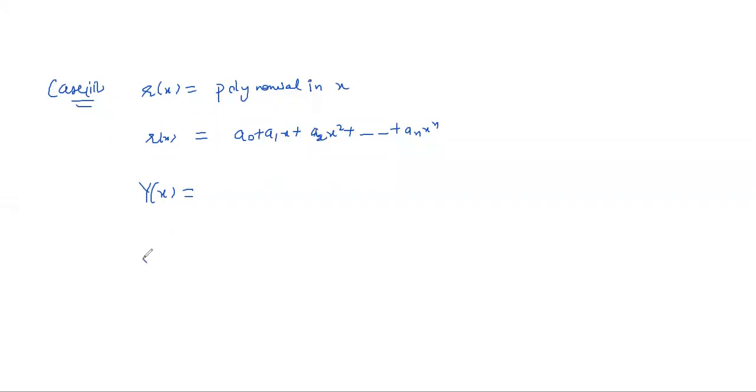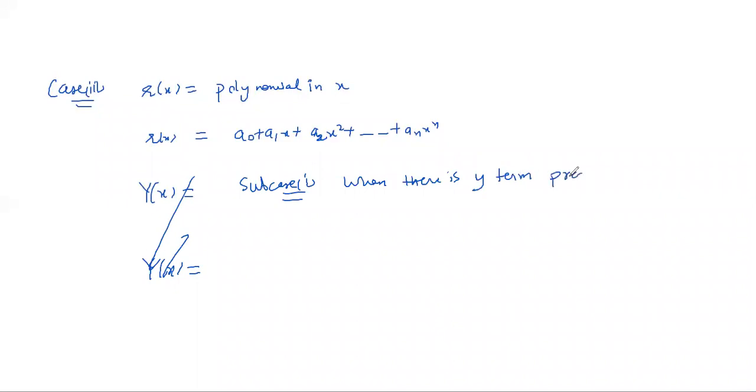There are two choices of Yx in this case, depending upon what the general solution of the homogeneous differential equation looks like. So let me write it this way. Sub case 1, when there is a y term present on the left hand side.